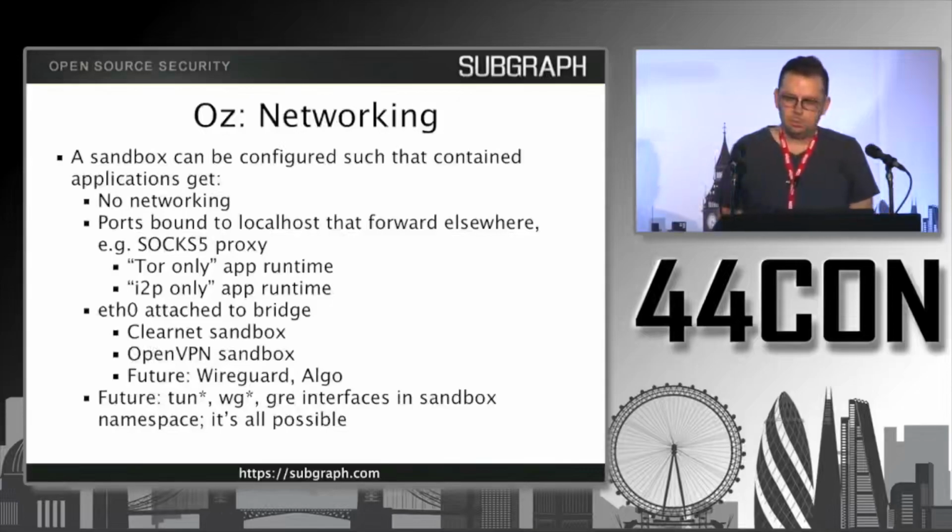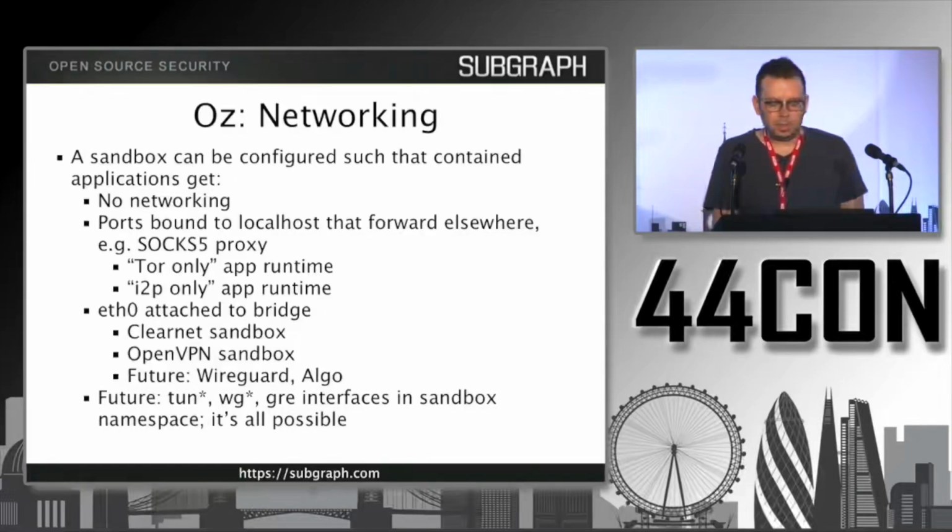So for the Tor browser sandbox, we create a Tor and Tor control port forwarder inside the sandbox that look to Tor browser like Tor, but they just forward to Tor outside. Actually, now they forward to our firewall, which I'll get to. But we can do that with I2P. We can do that with an SSH SOCKS5 port, although DNS, you have to figure out DNS inside a sandbox in that case. But yeah, we can do these sorts of things.